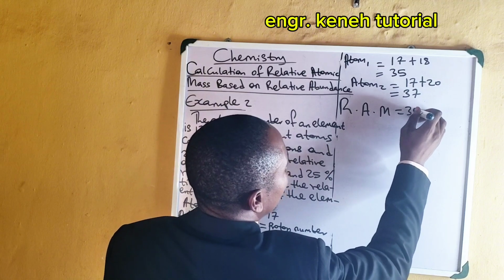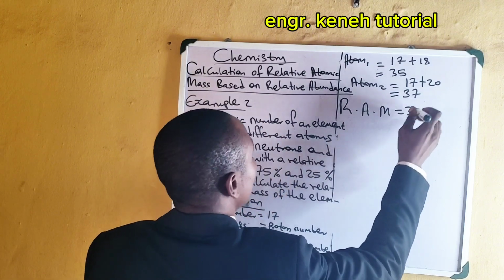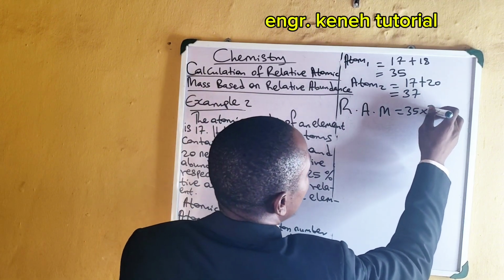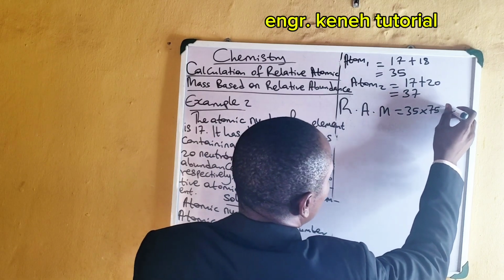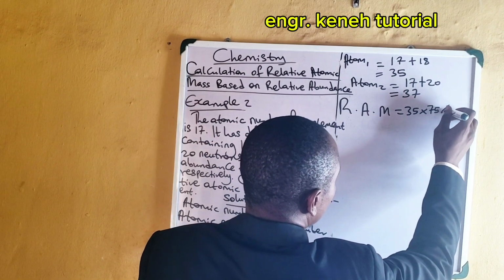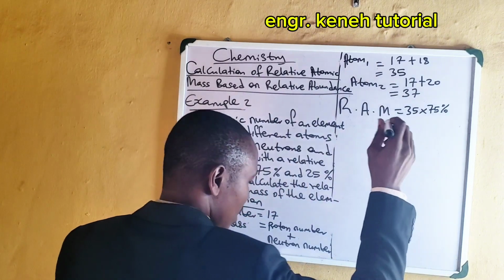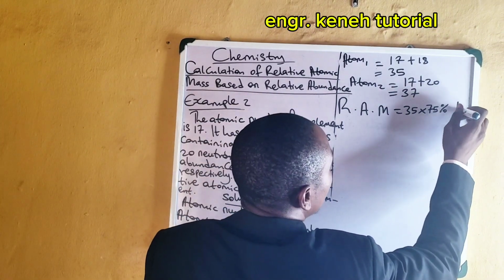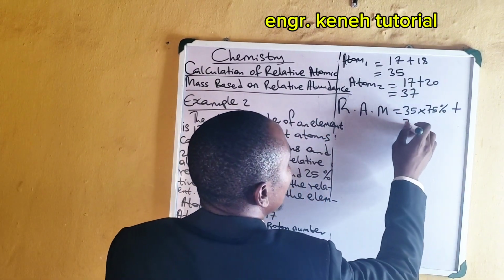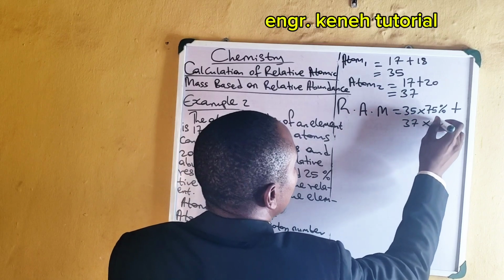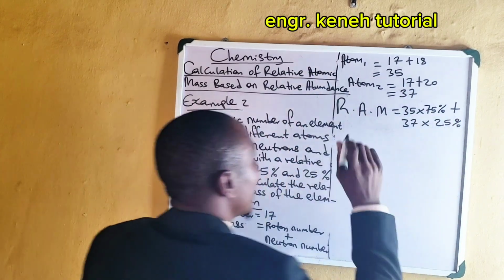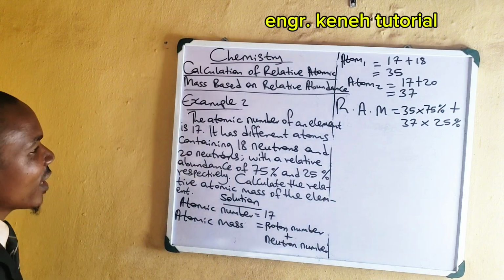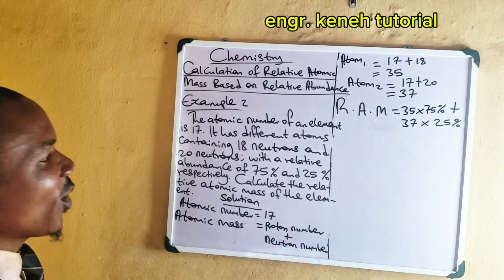We have 35 times 75%. Then we have plus 37 times 25%. Can you see that? Is it clear? That is how to find the relative atomic mass of this.